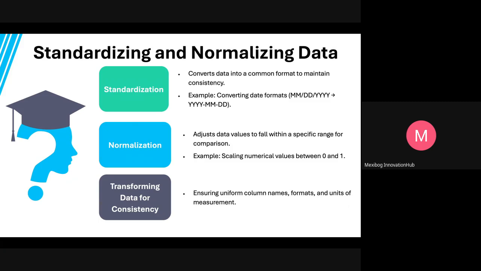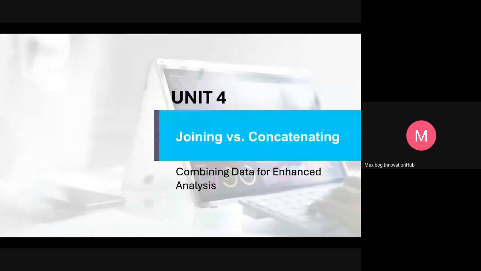So standardization is important. Then normalization, that is adjusting data values to fall within a specific range for comparison. An example is scaling numerical values between 0 and 1. Then transforming data for consistency, that is ensuring uniform column names, formats, and units of measurement.